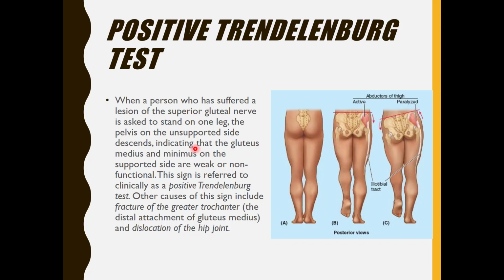Now, there is one term which is called positive Trendelenburg sign, or positive Trendelenburg test. When a person has suffered a lesion of the superior gluteal nerve, remember this nerve, the superior gluteal nerve, he will be asked to stand on one leg.